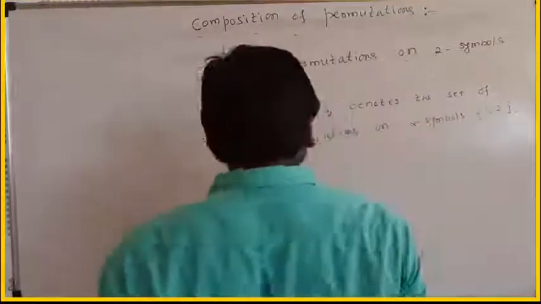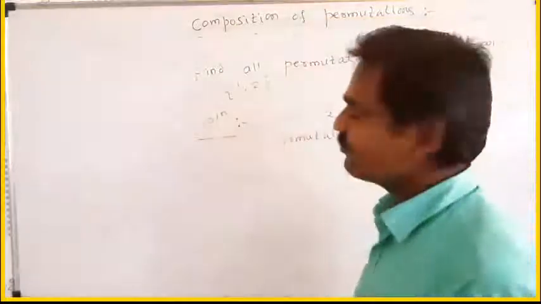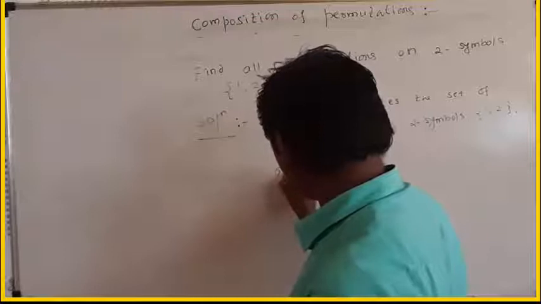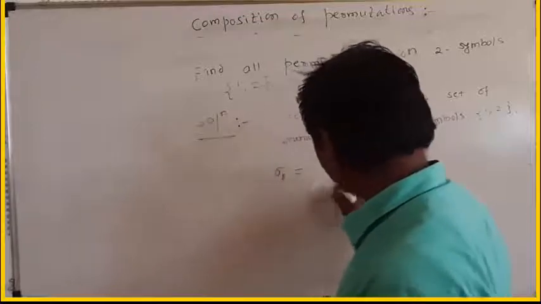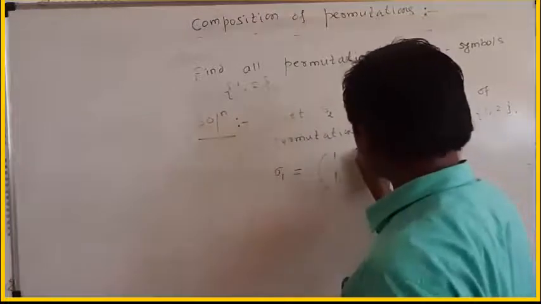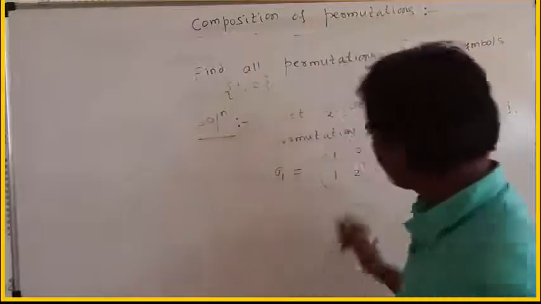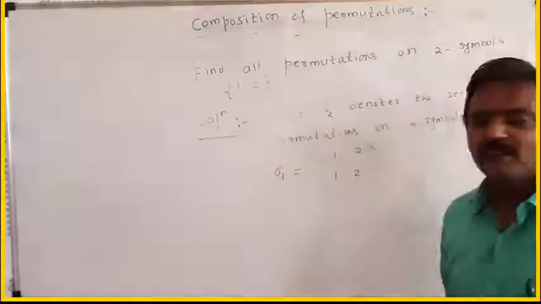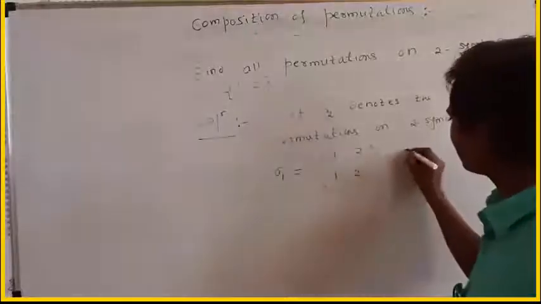So how can we list all the one-one onto functions? See here, sigma 1: 1 goes to 1, 2 goes to 2. We have taken the image of 1 as the same, the image of 2 as the same. This is called the identity permutation.